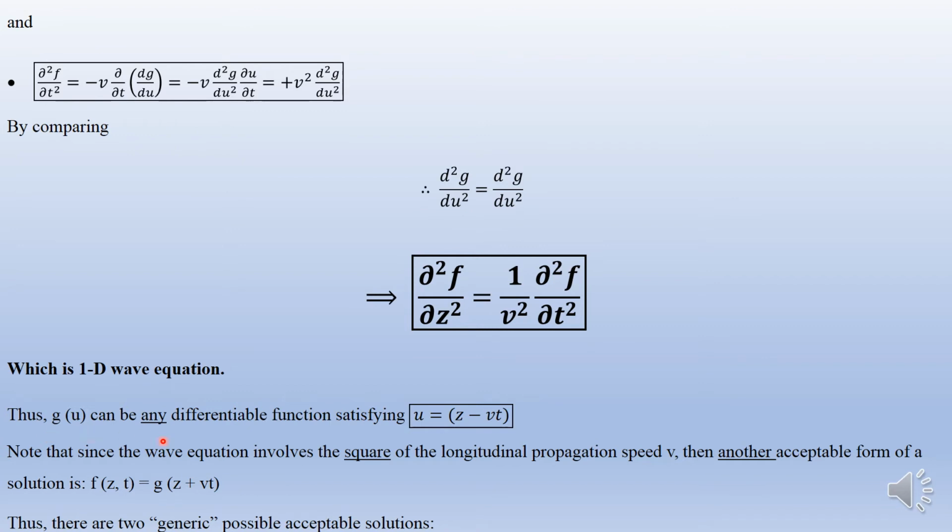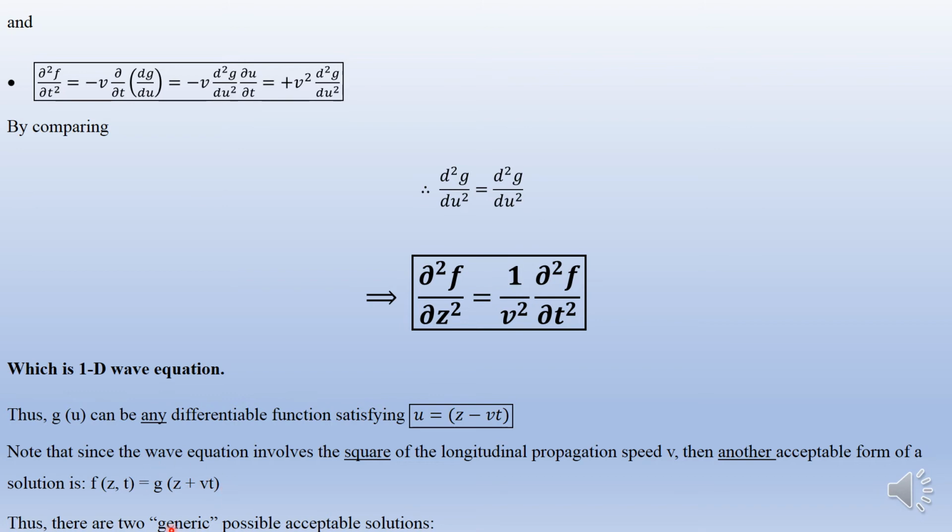Thus g(u) can be any differentiable function satisfying u = z − vt. Note that since the wave equation involves the square of the longitudinal propagation speed v, another acceptable form of solution is f(z,t) = g(z + vt), which will be opposite in direction.